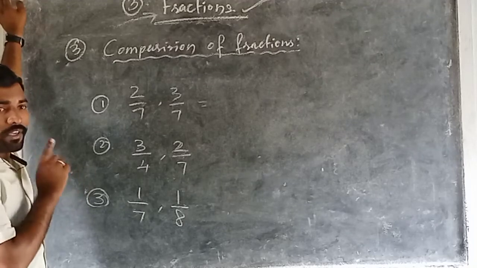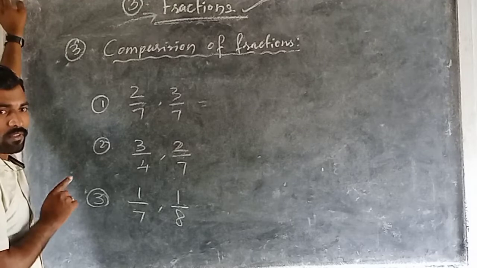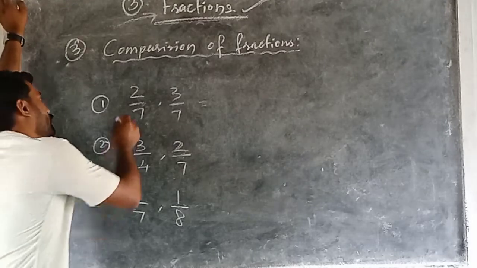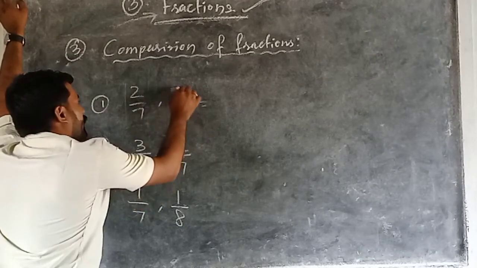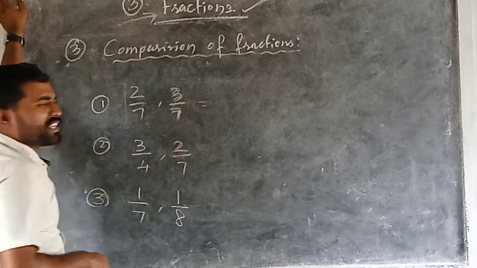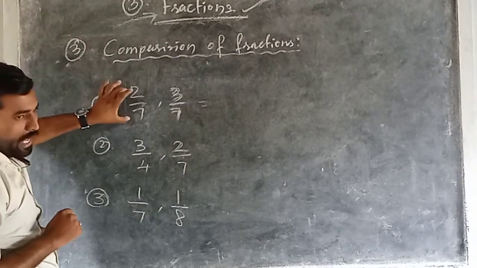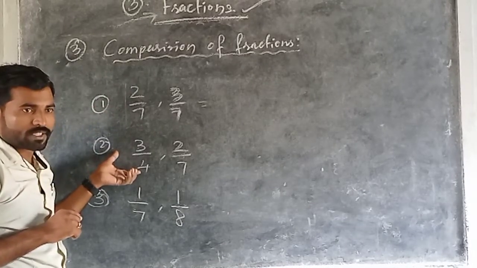If you want to compare these fractions, first of all you want to know that 2 by 7 and 3 by 7 are like fractions, yes or no? Yes, sir. These are like fractions. These are unlike fractions.